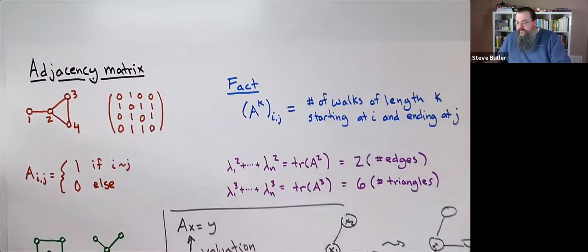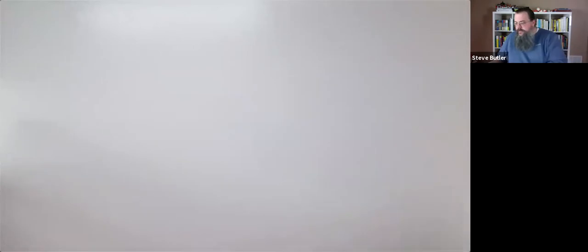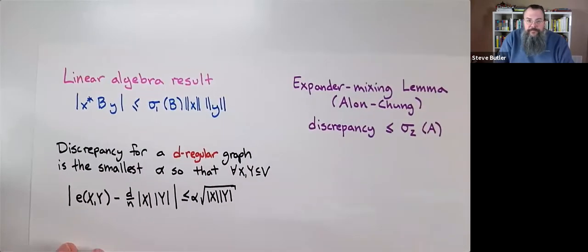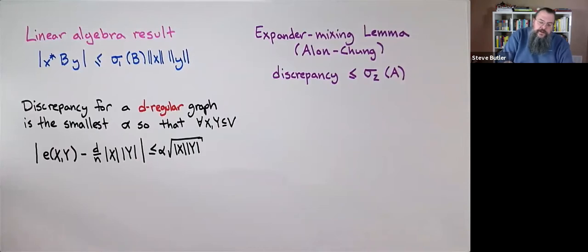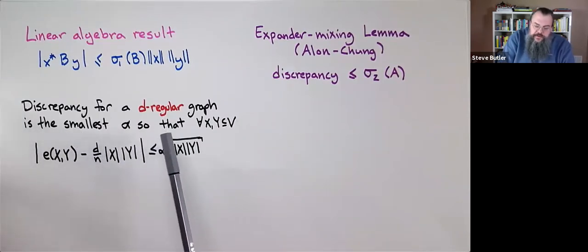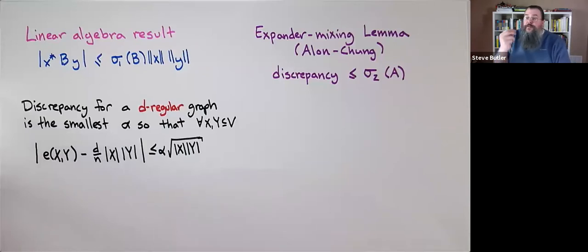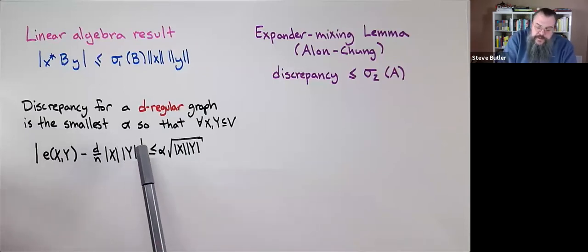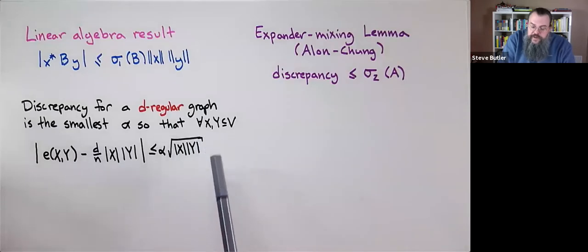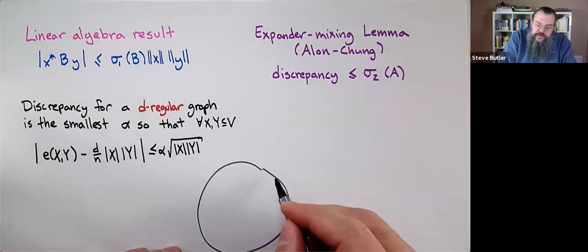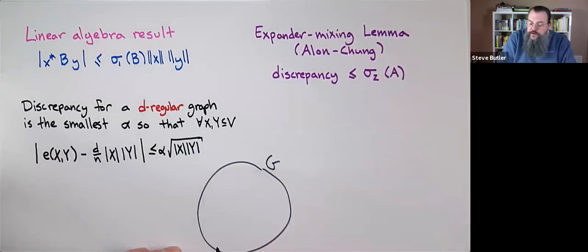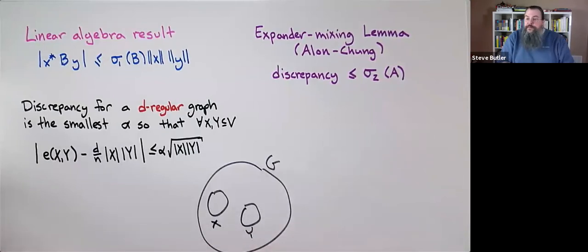Now, one of the nice things that we can talk about with the adjacency matrix is something called discrepancy. So what is that? Well, discrepancy for a d-regular graph is a parameter. It's the smallest number alpha so that for any subsets X, Y of your vertices, think of the picture as this: you have your vertex set, which is really just the whole graph, and then you have X and you have Y. So here are our subsets.